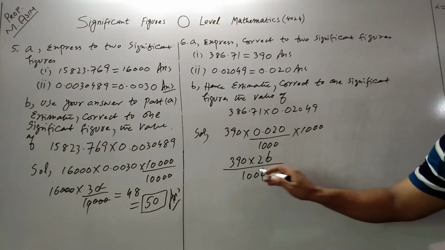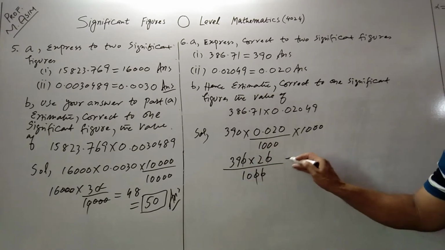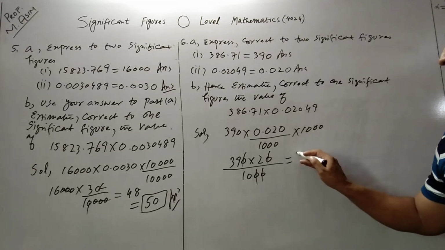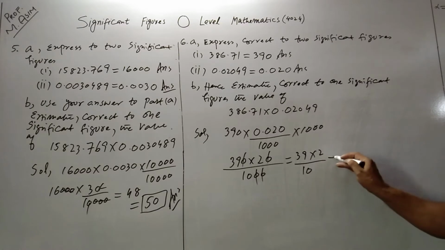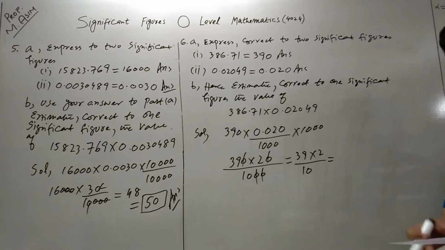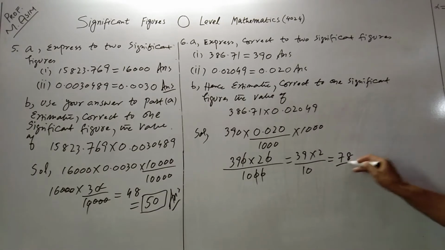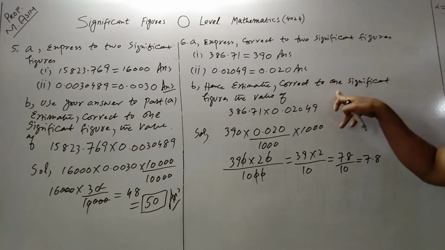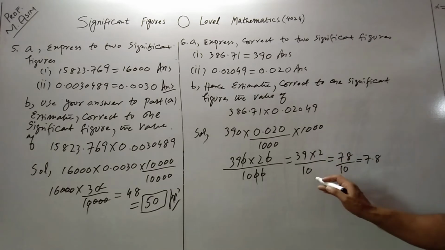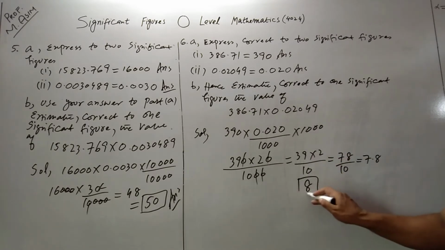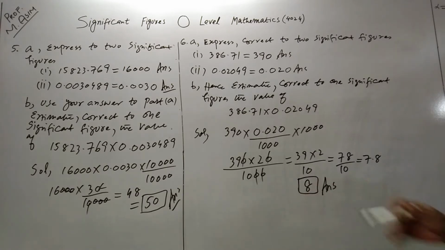This 0 cancels by this 0, this 0 cancels by this 0. So 39 multiplied by 2 upon 10 remains. 39 multiplied by 2 is 78, and 78 upon 10 is 7.8. But this is not our final answer because the requirement is to give the answer in one significant figure. Therefore 7.8 is nearest to 8. So 8 is our answer.